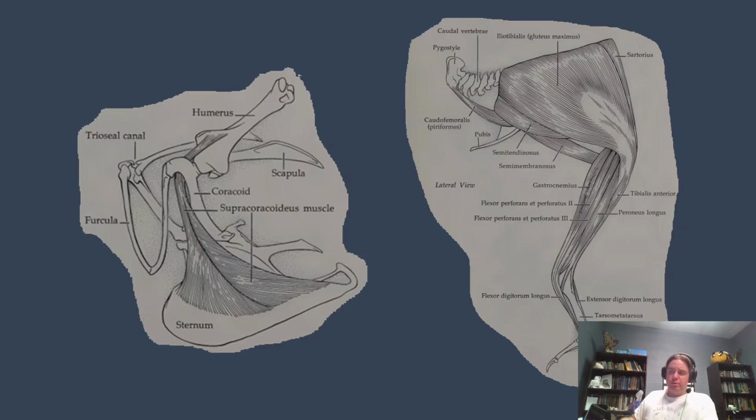So not all perching birds use this automatic digital flexor mechanism, but many are thought to use it. It really depends on whether the bird at rest bends its legs enough to trigger the mechanism.